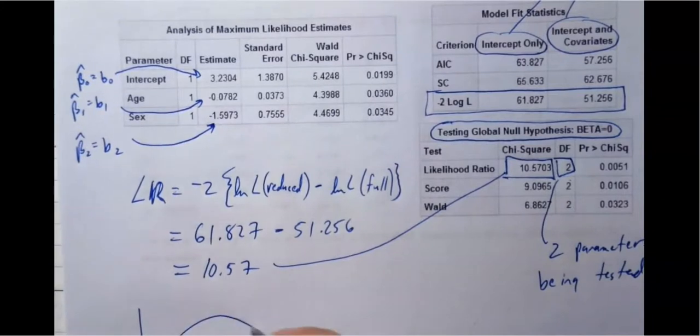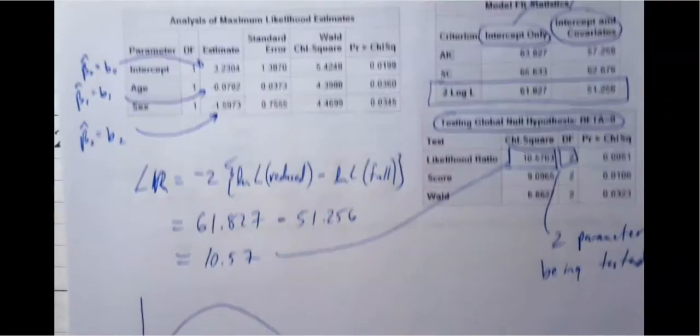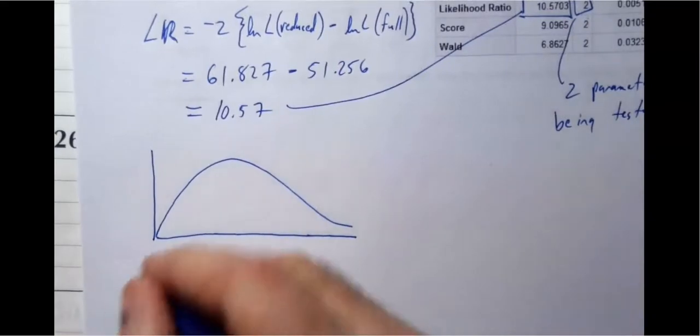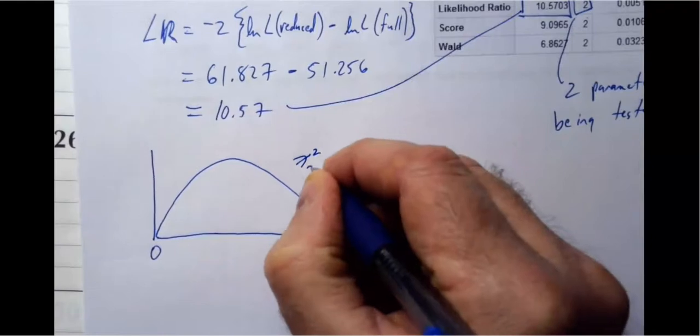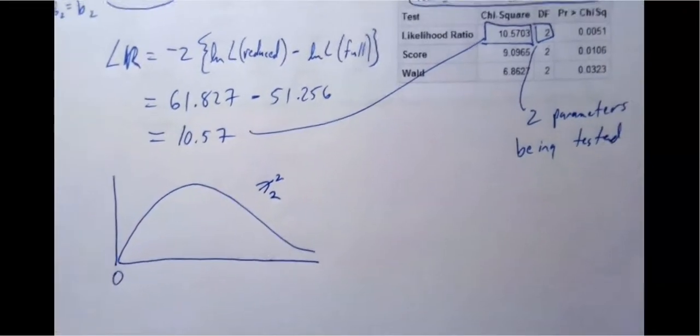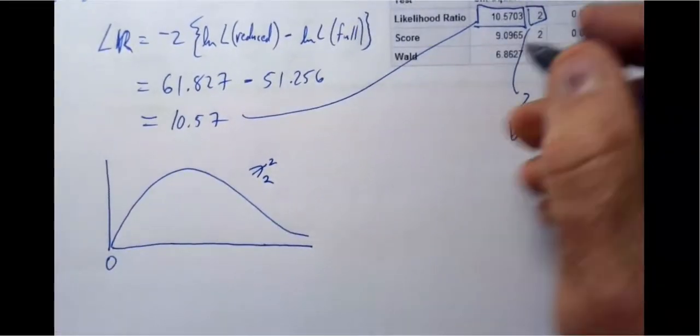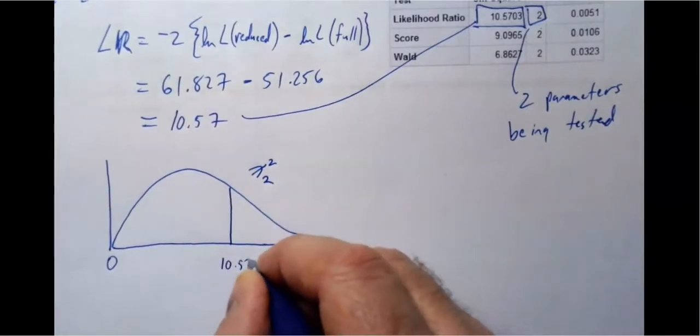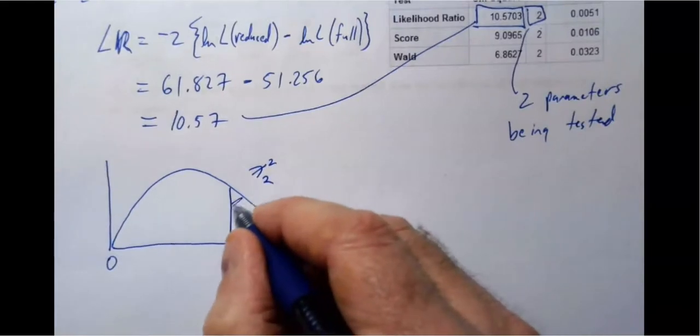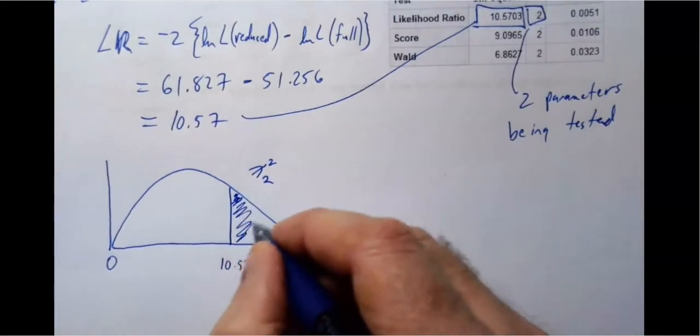So a chi-squared distribution looks an awful lot like an F distribution. Right? It's positive. This is a chi-squared distribution with 2 degrees of freedom because there are 2 parameters being tested. My test statistic is 10.57. So the p-value lives out here.